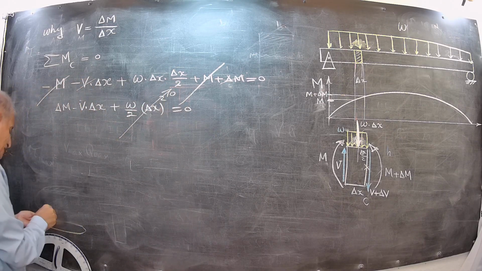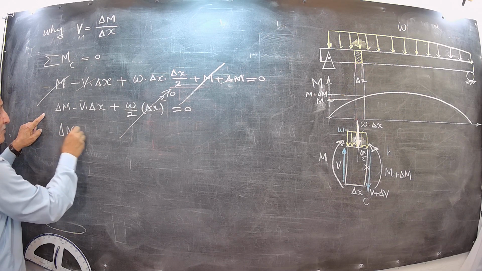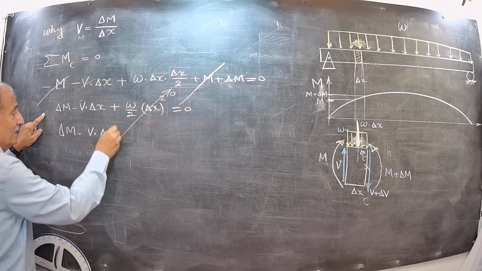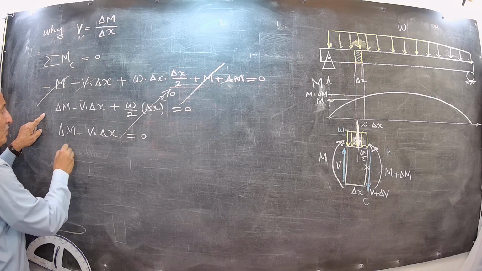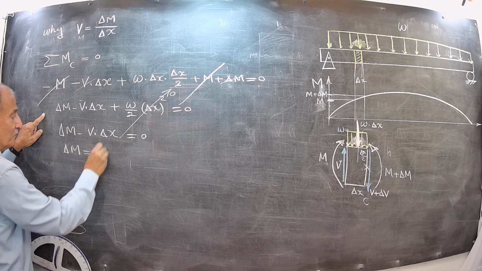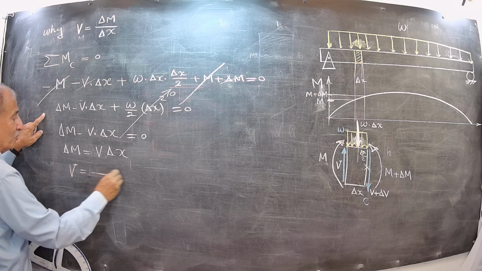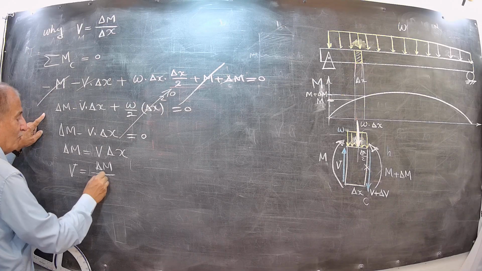We get rid of that, with some assumptions. Then we have delta M minus V delta x equals 0, or delta M equals V delta x, or V equals delta M over delta x.